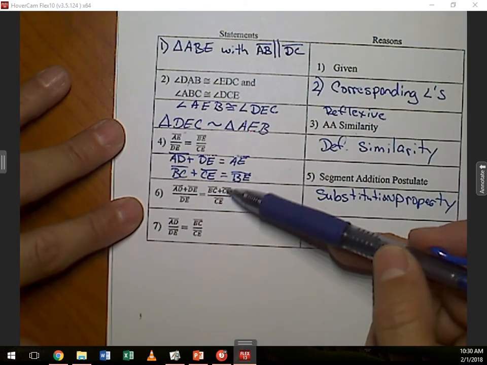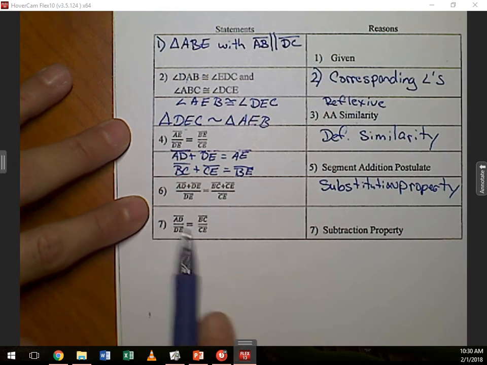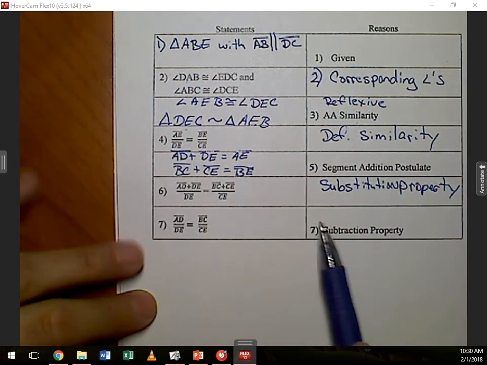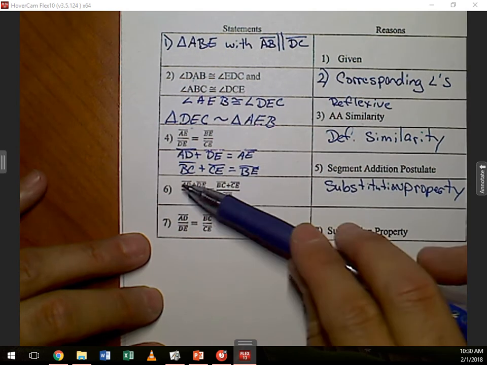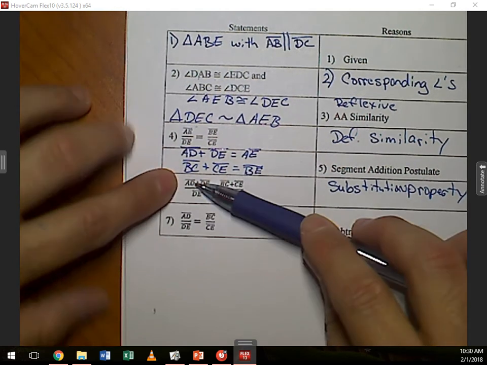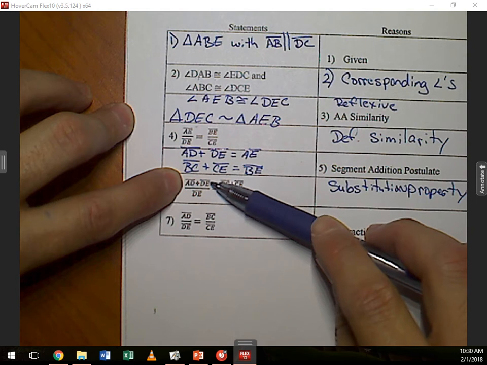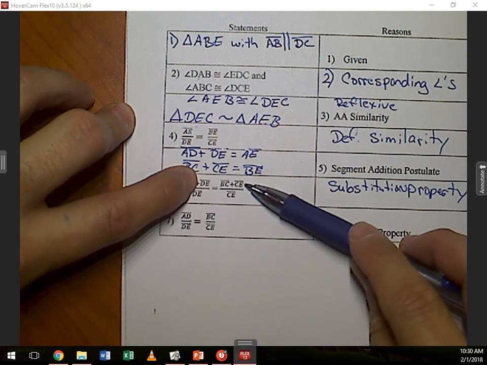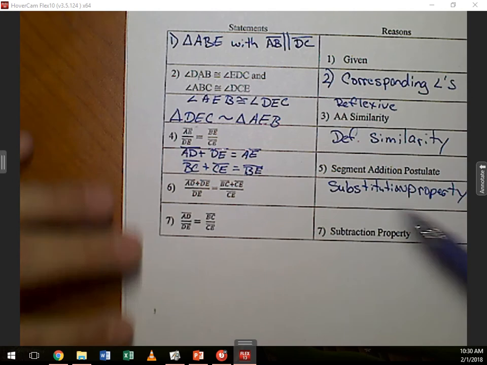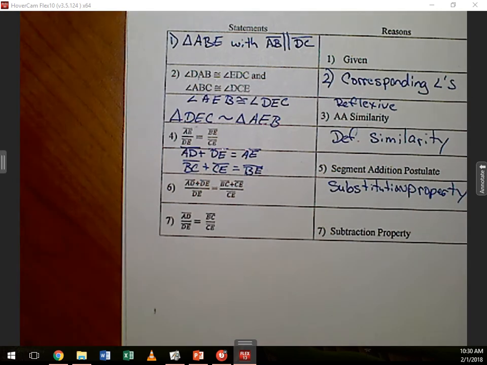So from this, we were able to actually come up with this. So using subtraction property. So what did we subtract from both sides here? Okay, we are left with AD, so we subtracted the DE from there, right? And on this one right here, we subtracted the CE. And so we ended up just coming up with the subtraction property for this one.